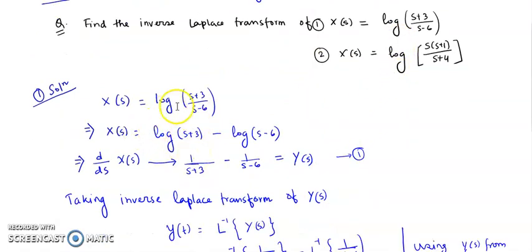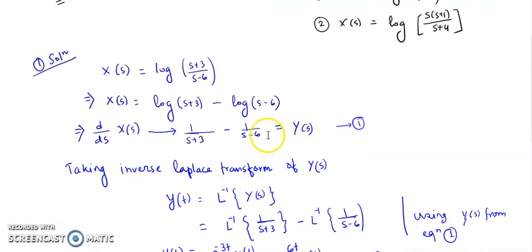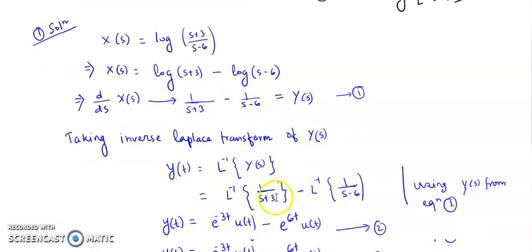So this is the process for finding the inverse Laplace transform of a logarithmic function. You first expand the logarithm function in a linear form using the division formula of logarithm. After that you take the derivative of both sides with respect to s, and you get this type of partial fraction equation. If you take this function as Y(s), you can take its inverse Laplace transform simply by using the property that e to the power minus a t u(t) is equal to 1 by (s plus a).